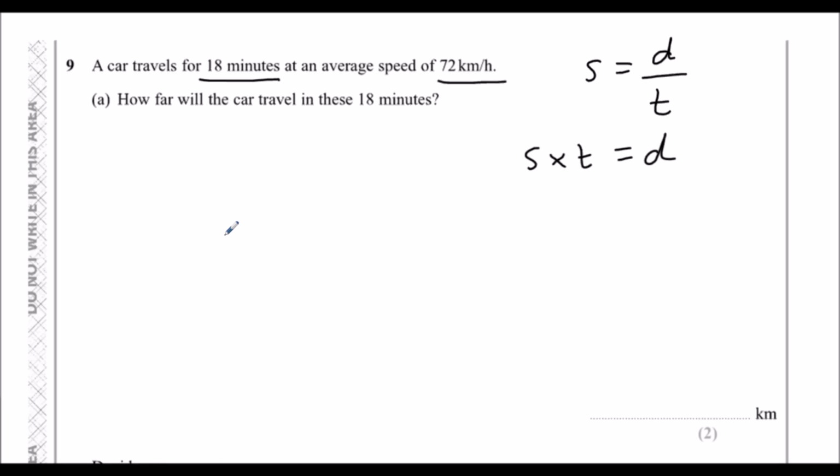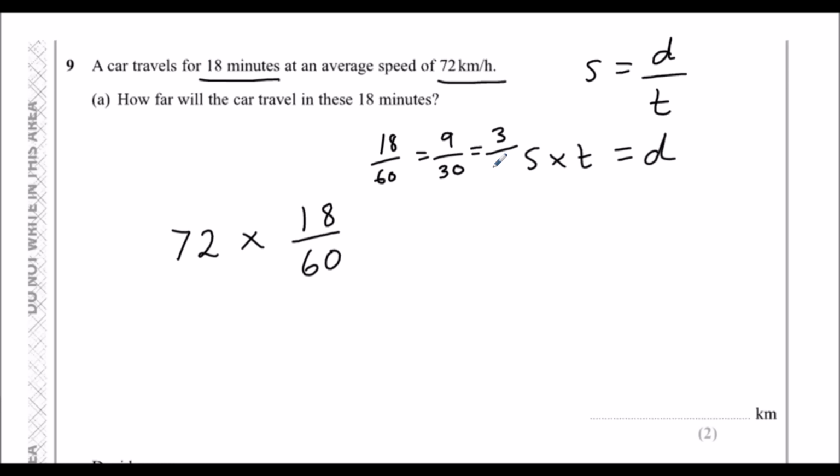So distance is speed times time. So 72 times 18 over 60. And we can simplify that fraction. So 18 over 60 is the same as 9 over 30. And dividing by 3 again, 3 over 10.